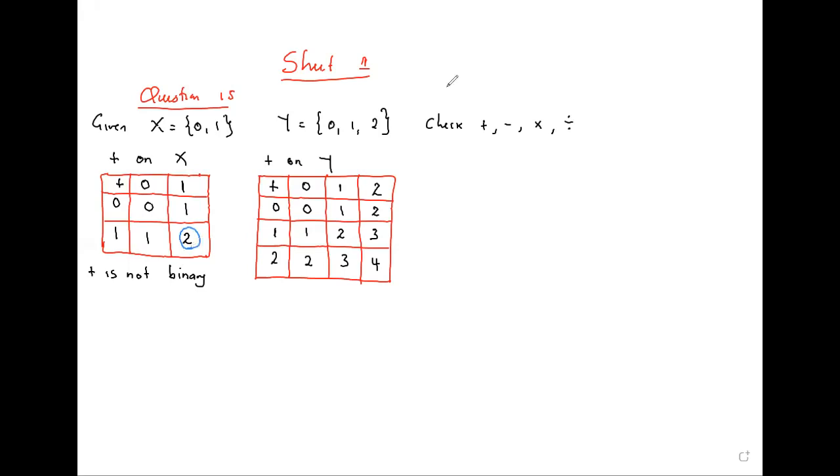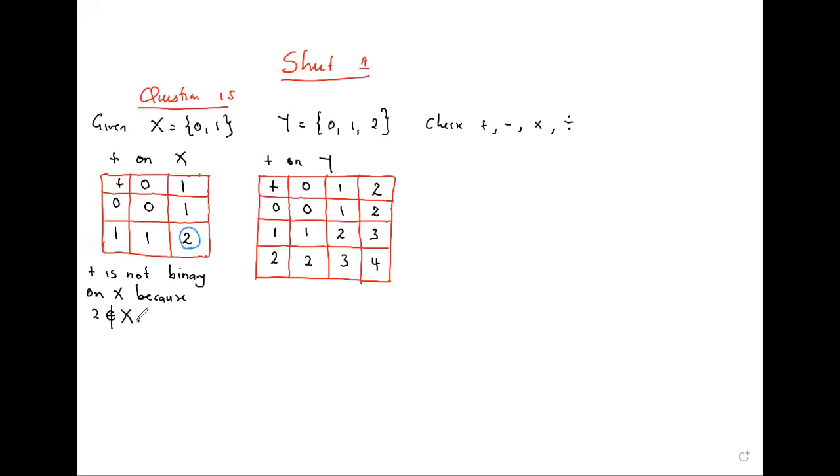plus is not binary on X because 2 is not a member of X. Simple.